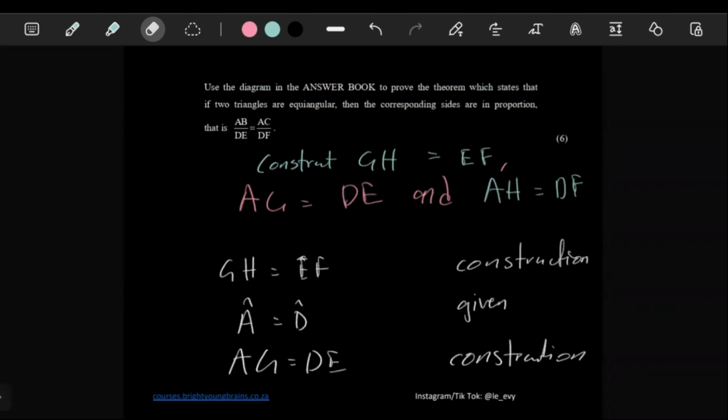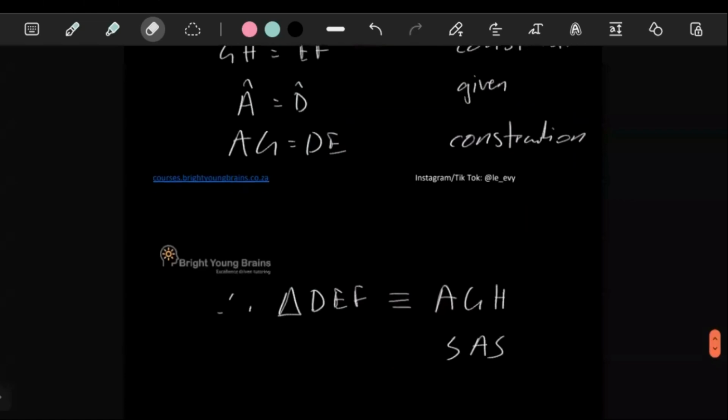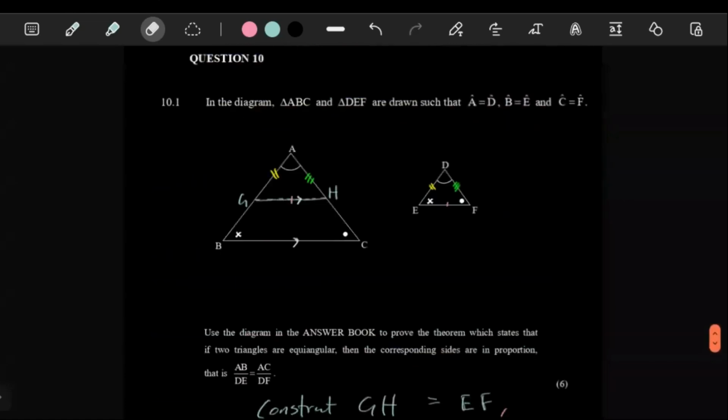And then once we have written out all that, we can now state that these lines here are going to be parallel to each other. The reason why we're able to state that they are parallel is by firstly stating that the angle AGH is going to be equal to the B over there.